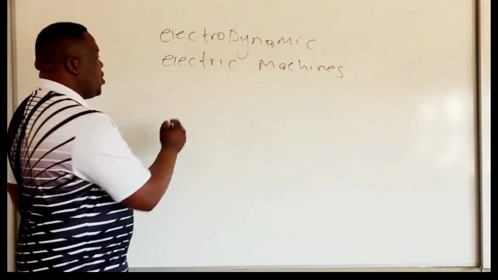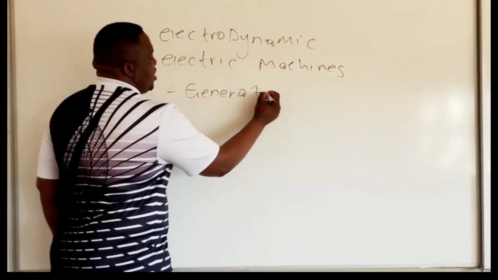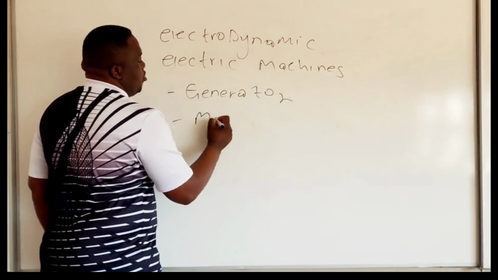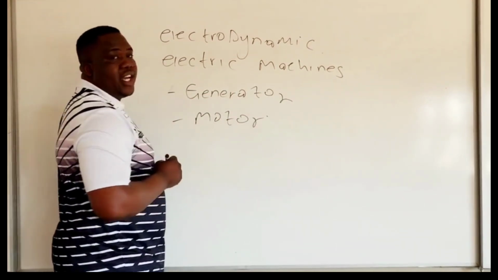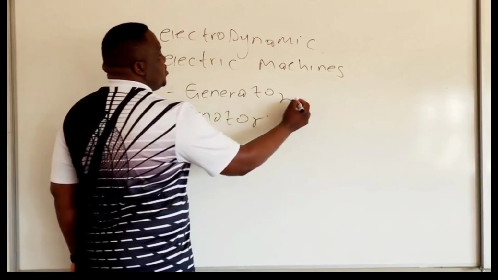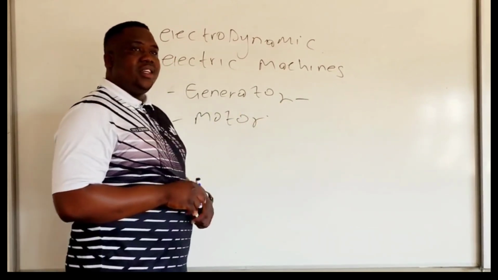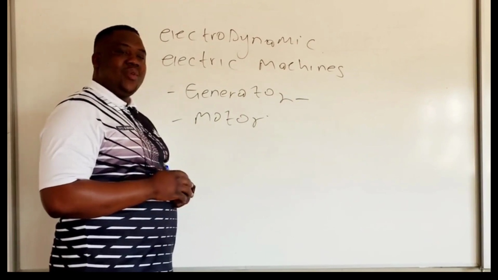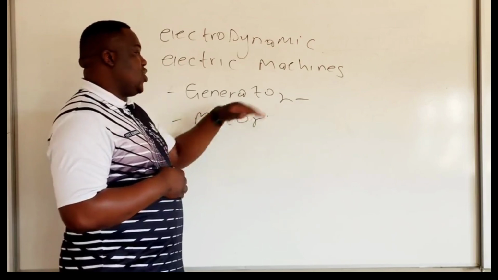So here we're going to talk about generator and motor. We know what the generator is. Generators is what we are using in shops when there is load shedding to try to keep the lights on.